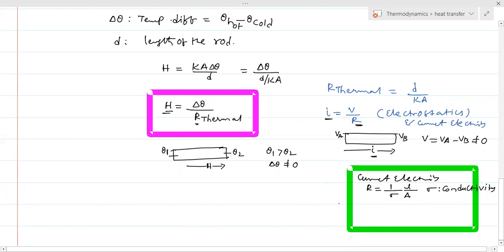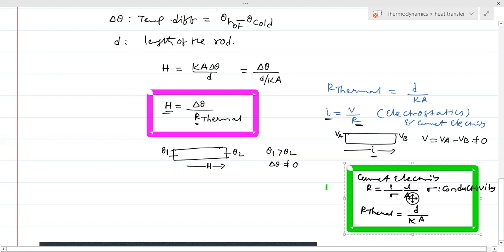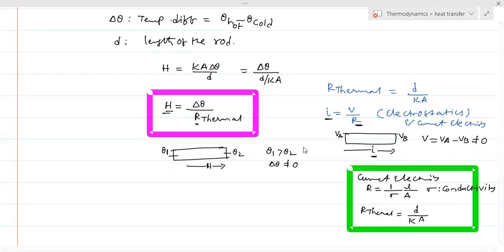Just by comparing these two, we can remember the thermal resistance. There is no need to memorize. So similarly, thermal resistance: instead of length L, I take length d, instead of conductivity I take the heat conductivity K, and the area of cross section is the same.